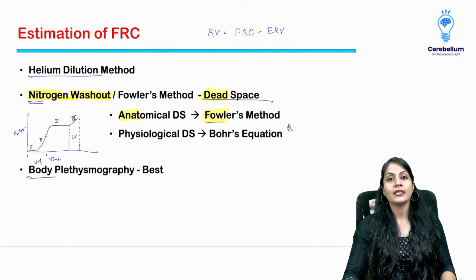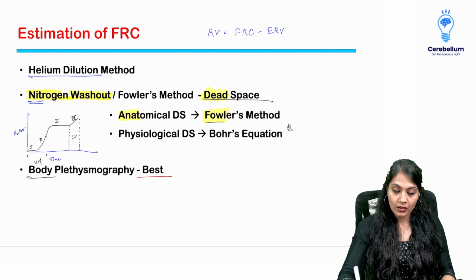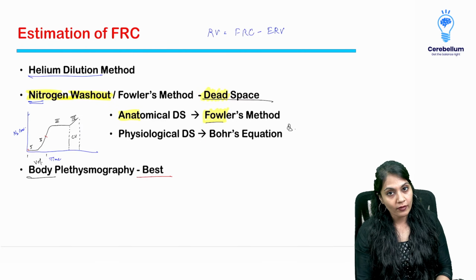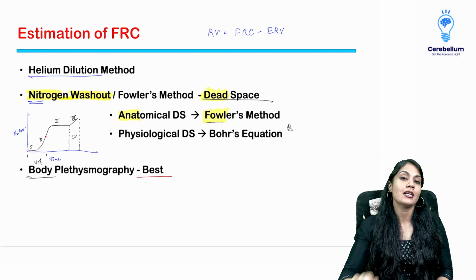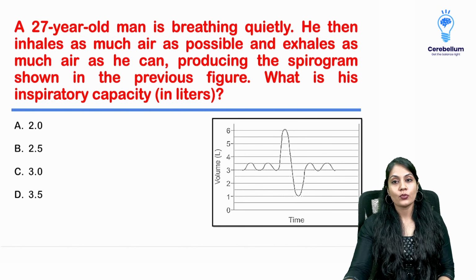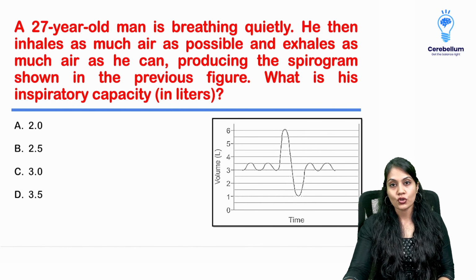So please remember, via these three methods we are going to measure the FRC. If they ask which is the best method, the best method is going to be body plethysmography. Nitrogen washout method for the anatomical dead space, and for the physiological dead space we are going to have Bohr's equation. All right. So can you solve this question on the basis of what we have just learned?